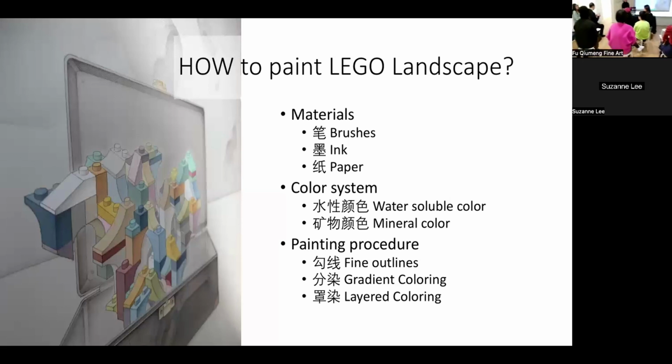Let's have a couple of questions from our online audience. One audience member wanted to know, for mystical landscape, there are so many elements in there, how do you put them together?